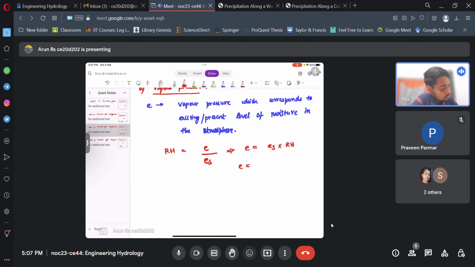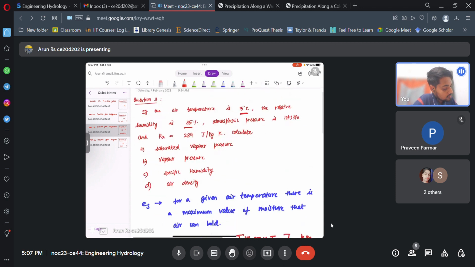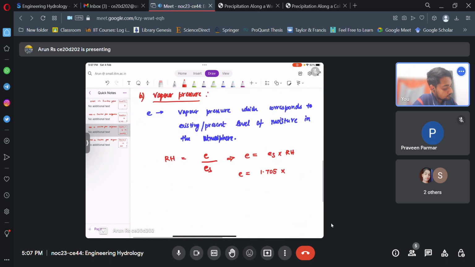E is equal to 1.705 into relative humidity, which was 35%. So this works out to be 0.597 kilopascals.